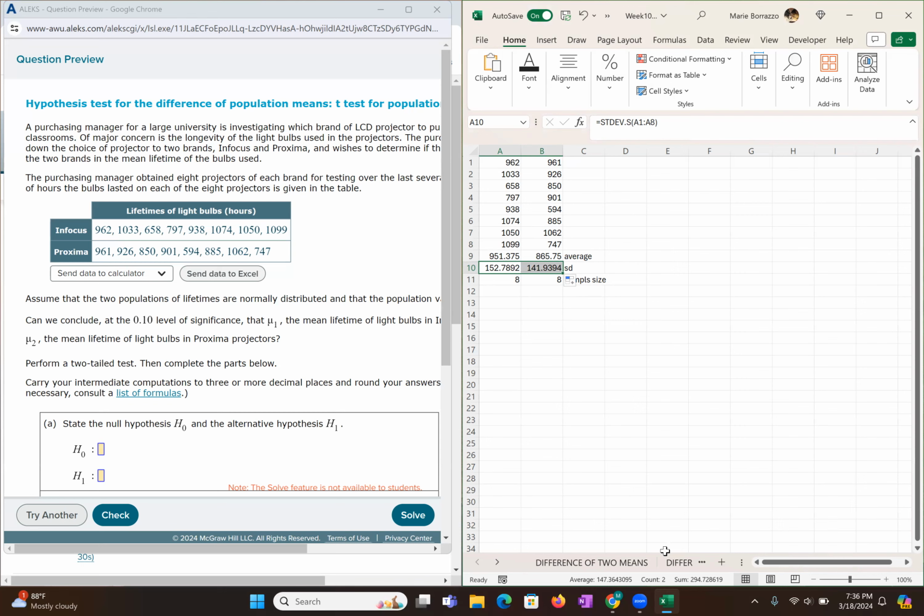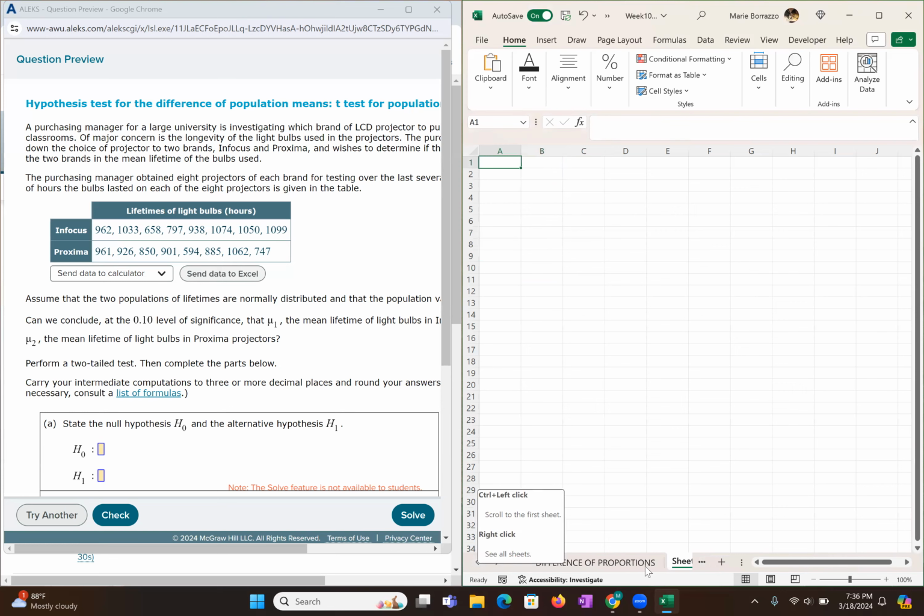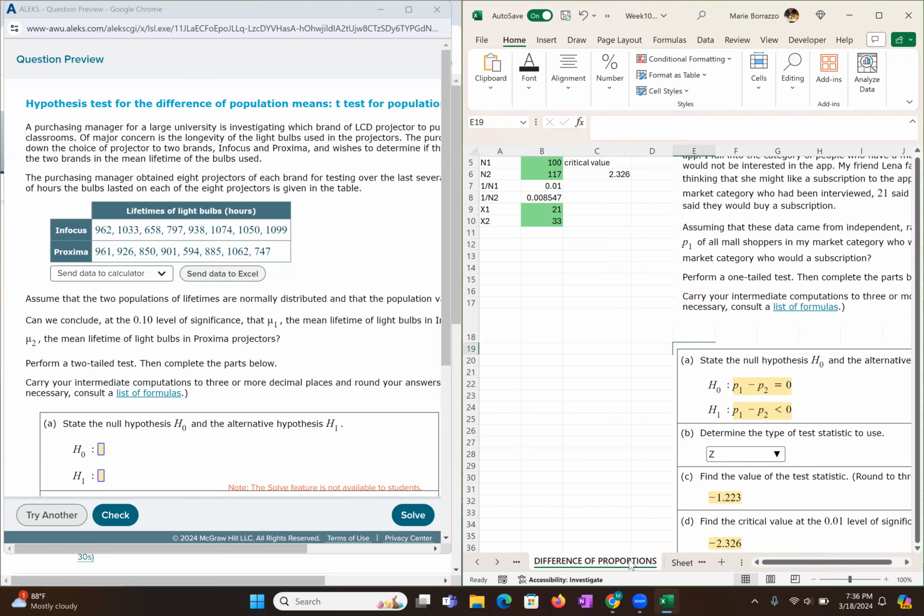Okay. So they want the difference of the two means. So in this case, let's see, oh no, this is gonna go this way. Okay, we're going here. Nope. I see, we're here. Difference of proportions. No, I won't.